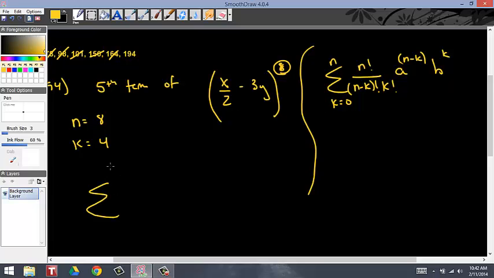This is going to be the summation from k equals 0 to n, which is 8, of 8 factorial over 8 minus 4 factorial, k factorial. That's all multiplied by a, where a is x over 2 to the n minus k, so that's 4, and then 3y to the k, and 3y should be negative.